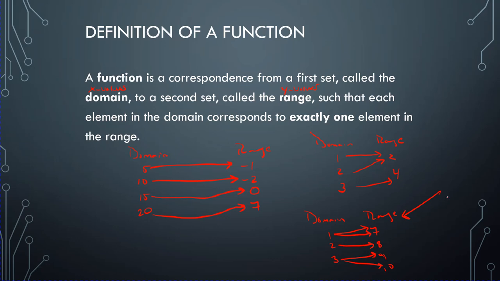This over here is not a function, whereas this and this are both functions. So each x goes to only one y. That's how you can tell it's a function.